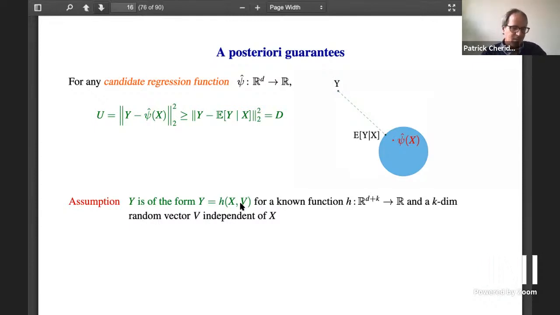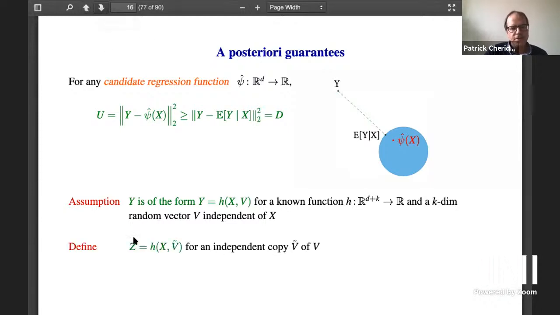Okay, so this is not really an assumption in the sense that this is always satisfied. For any y and x, you can write y theoretically in this form. The point for my method to work is that I need to know h explicitly. But in these PDE approximation problems that I solved, I know the function h.